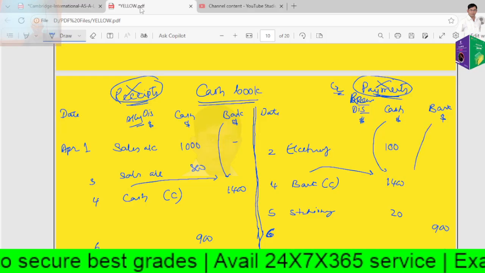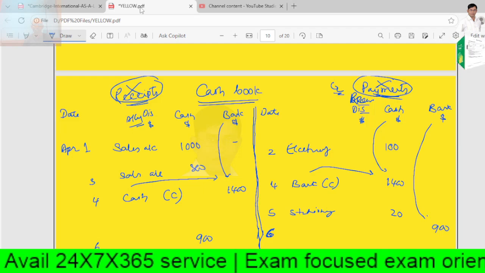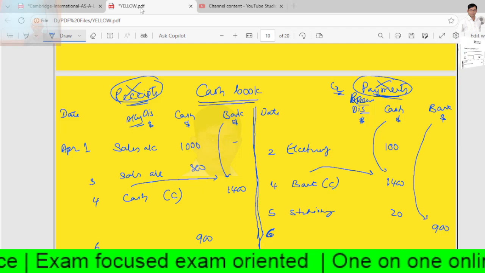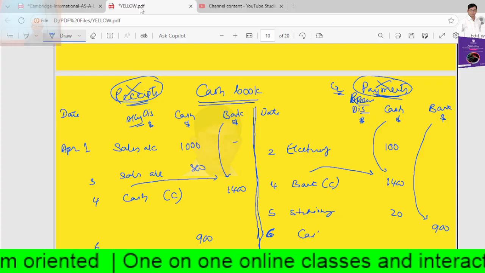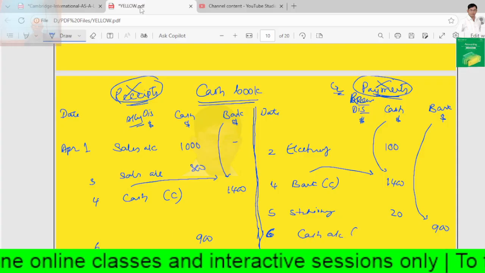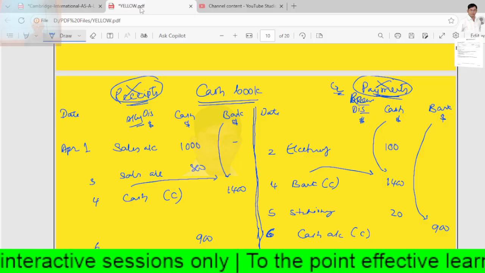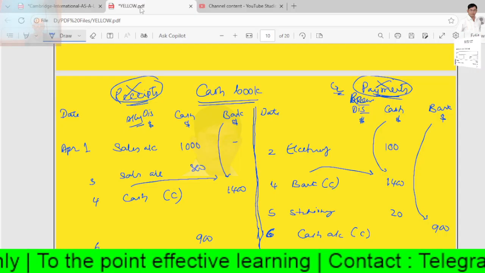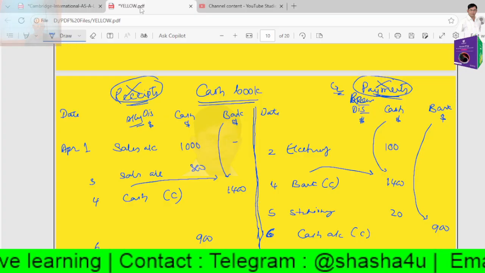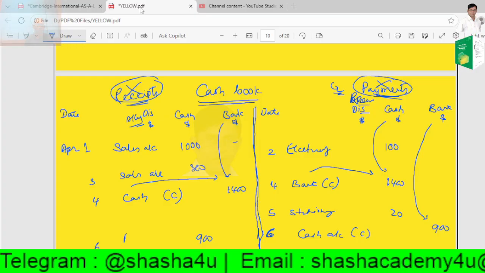So this is a payment, money has gone out from the bank. Against this, here you have to write cash, and this is called contra again. Against the value you have written in the cash column, here you have to write bank.